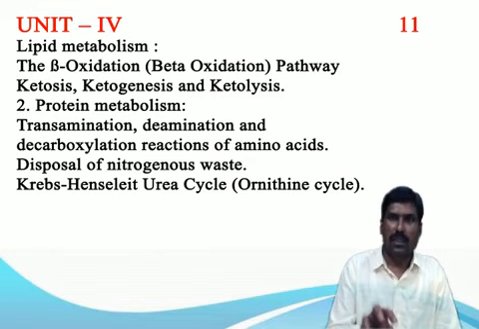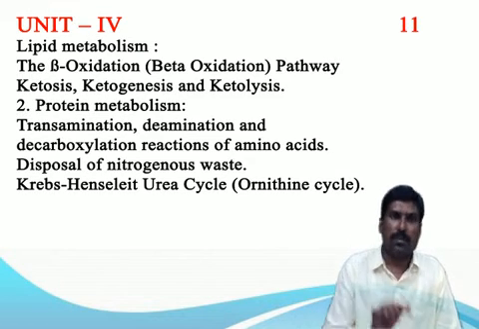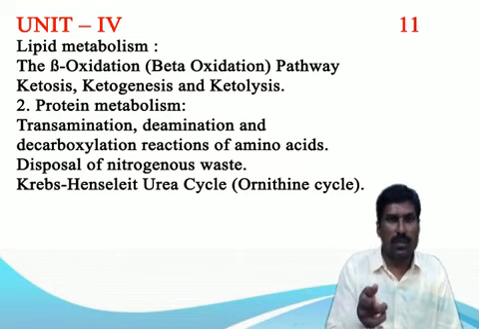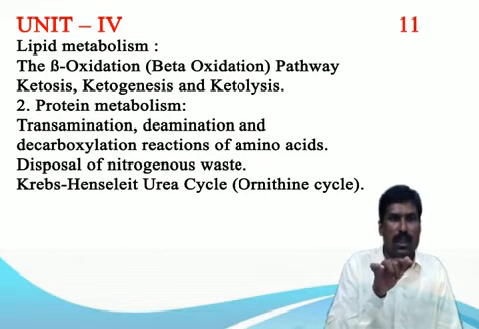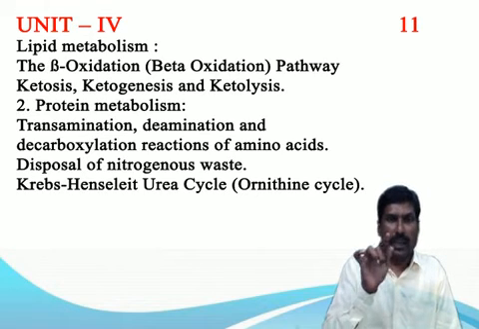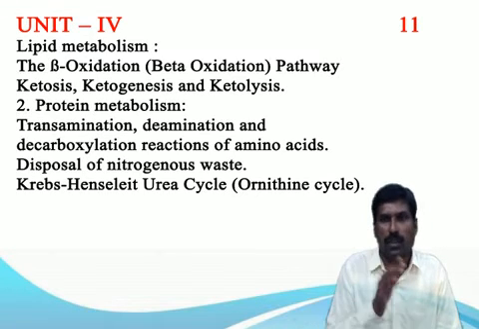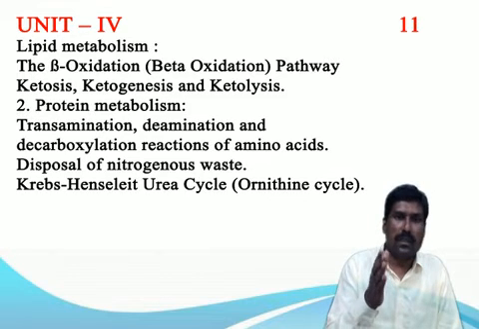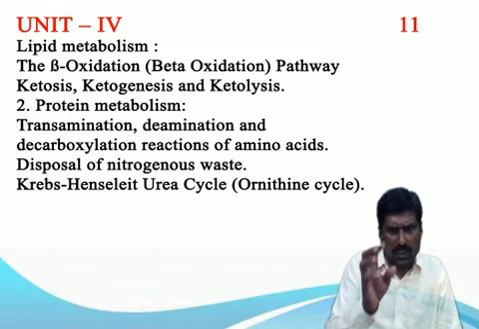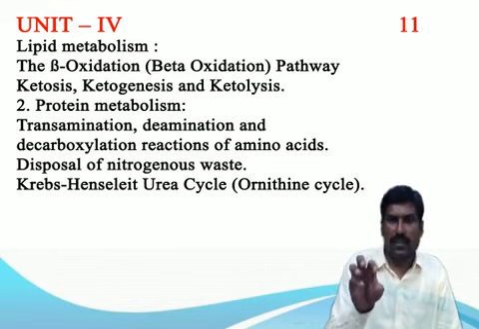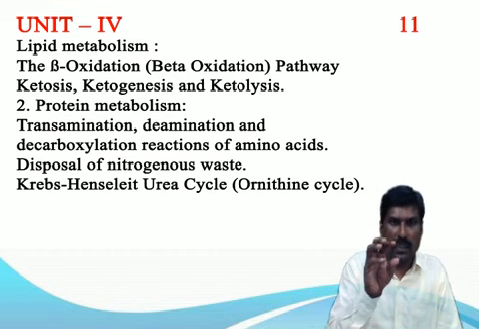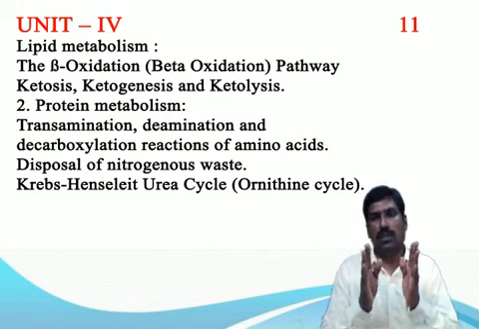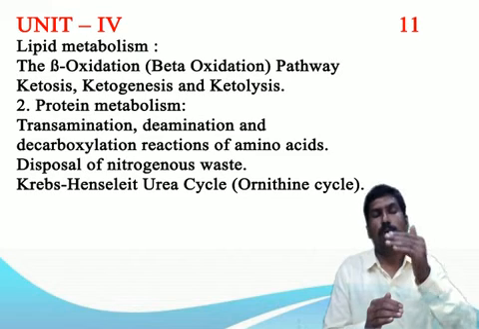Beta oxidation is the catabolic process by which fatty acid molecules are broken down in the cytosol in prokaryotes and in the mitochondria in eukaryotes to generate acetyl CoA, which enters the citric acid cycle, and NADH and FADH2, which are coenzymes used in the electron transport chain.